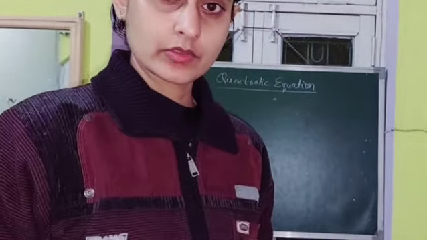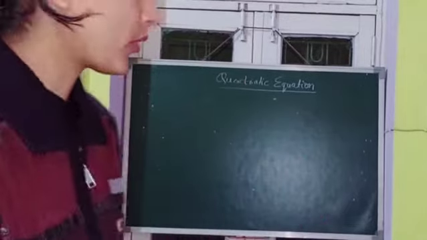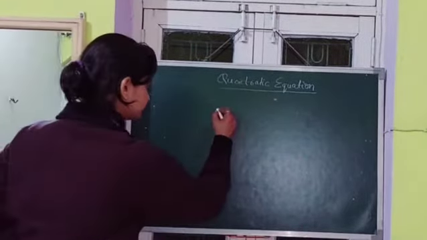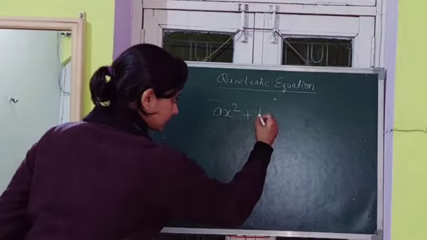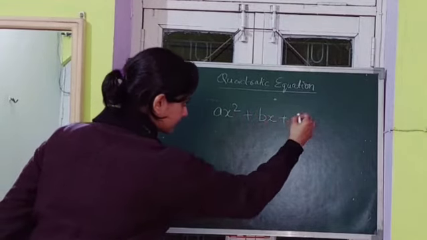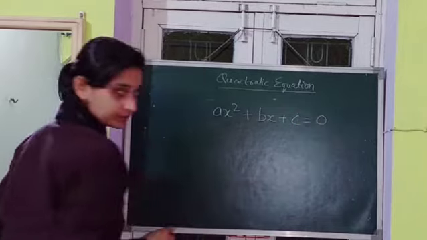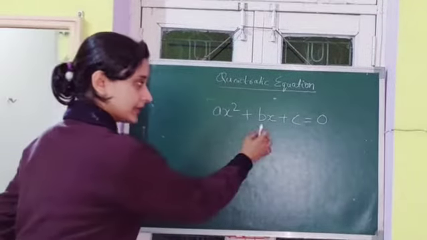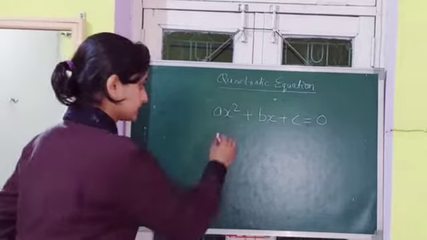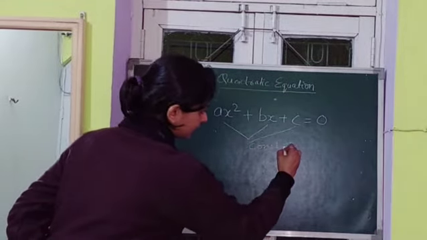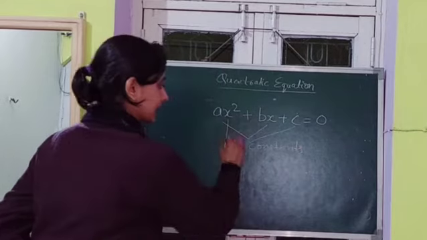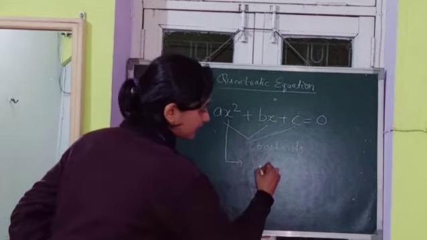A quadratic equation can be written in this standard form, that is ax square plus bx plus c equals to 0. Here a, b, c are constants, and x is called the variable.